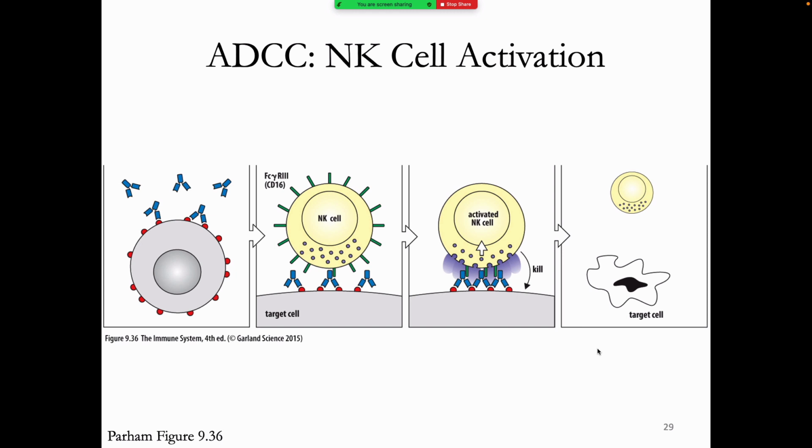And then our NK cell, which has this Fc gamma receptor, CD16, will bind to the Fc portions of those antibodies. That will signal to the NK cell so that it will release its cytotoxic granules and kill that cell. And so one kind of NK activating receptor is CD16, this Fc gamma receptor. So that's one way we could activate our NK cell.